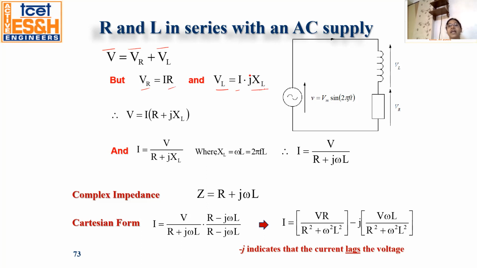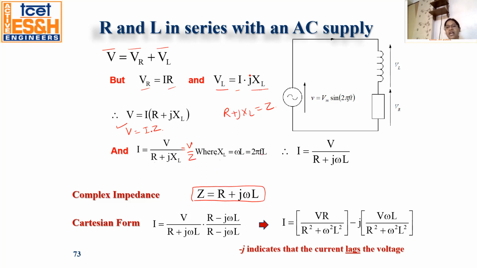So V is equal to I R plus jXL, and R plus jXL is equal to Z. So we also write V is equal to IZ, so I is equal to V divided by R plus jXL, which is also equal to V by Z.